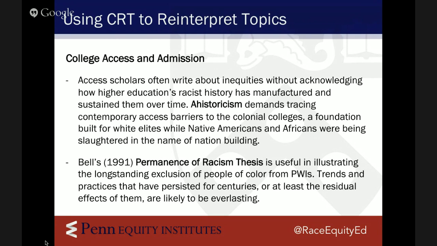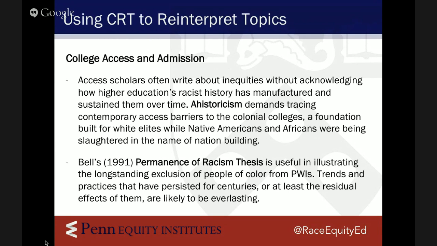So I will start us off with college access and admission. In the book, we acknowledge how people who write about college access and admission often write about inequities without acknowledging higher education's racist history and how that history has manufactured and sustained those inequities over time.